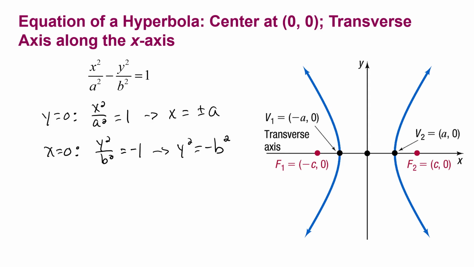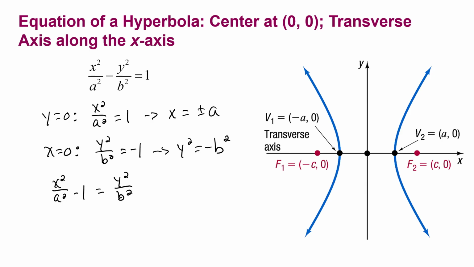In fact, let's also note we can take the original equation of the hyperbola and write it as x squared divided by a squared minus 1 equals y squared divided by b squared. Now if we think about solving for y, we would multiply both sides by b squared and then take the square root of both sides.